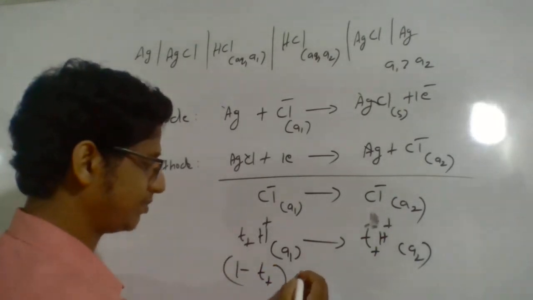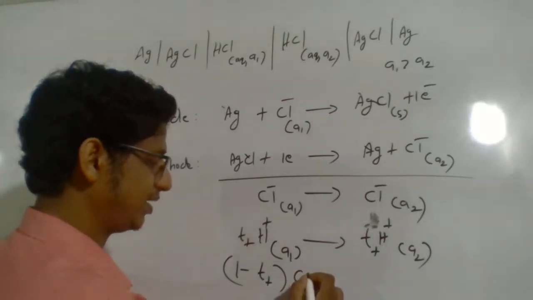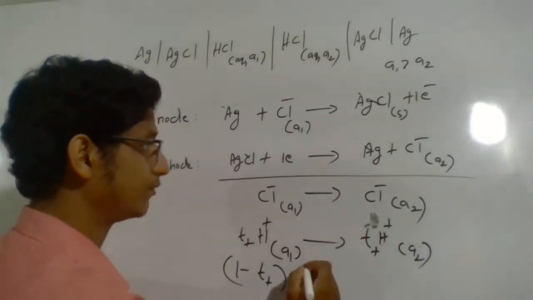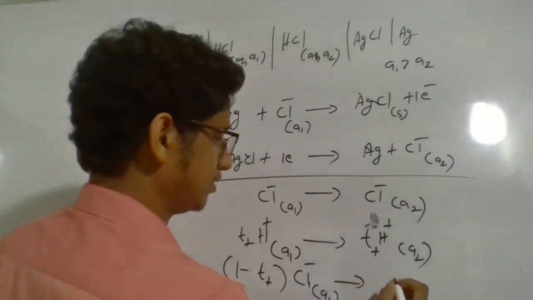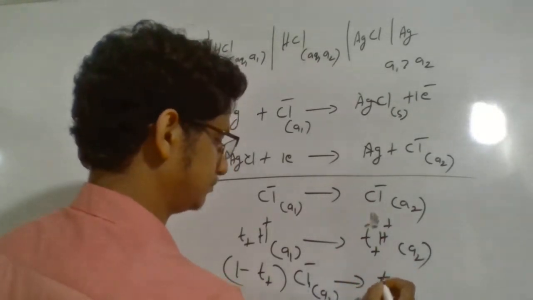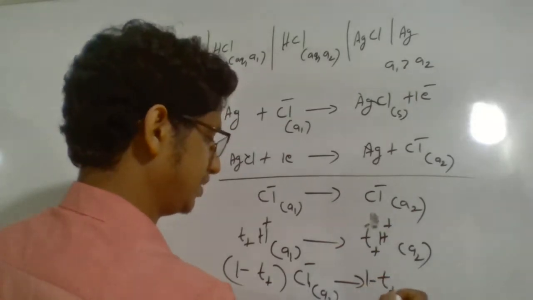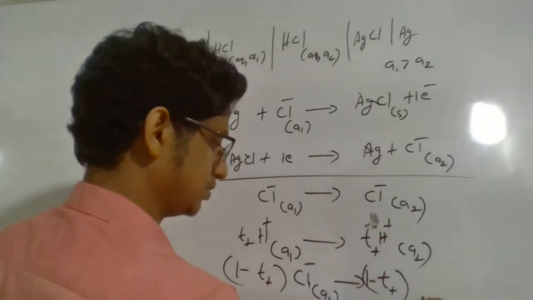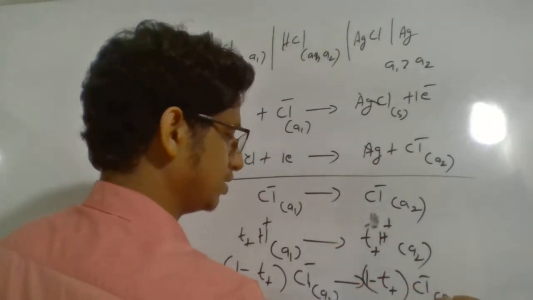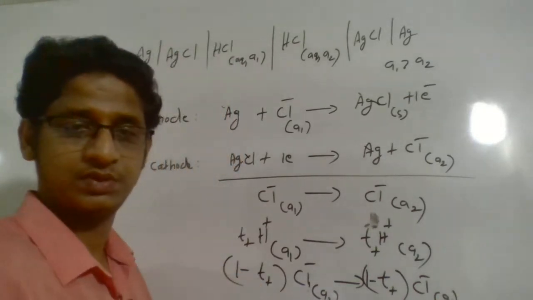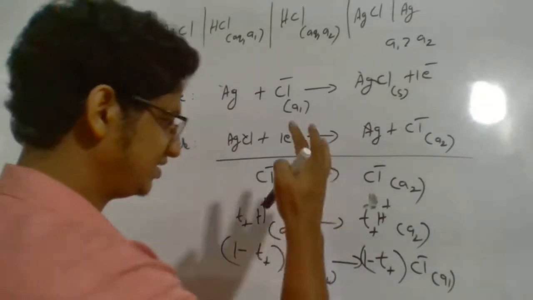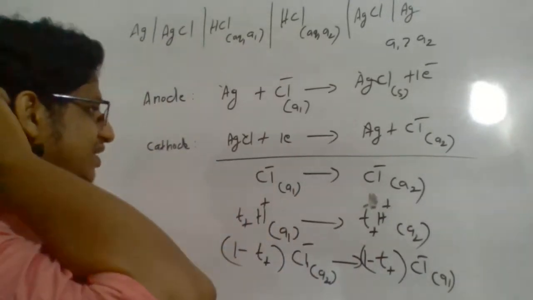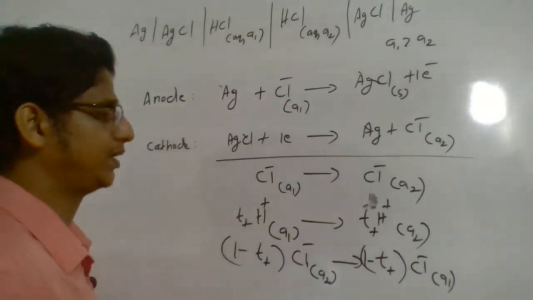So 1 minus T plus Cl minus is moving from A2 to A1. So that's the final expression that we got. So these are the transferences that are taking place in this particular electrode.